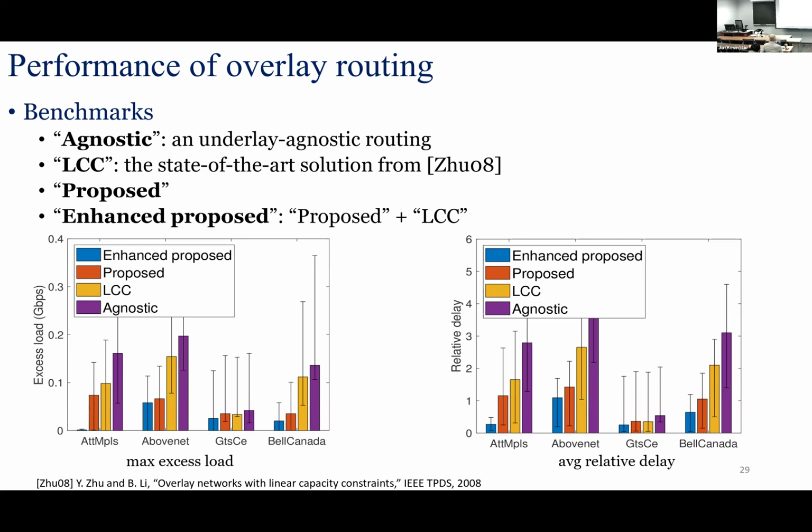Because they are not targeting all the link sharing information, you have some reduction, but it doesn't capture all the shared links. And this is the vanilla version of the proposed algorithm, that dynamic programming algorithm. You can see that although we have quite a substantial miss rate, the result still gives you a big performance improvement compared to the state of the art.